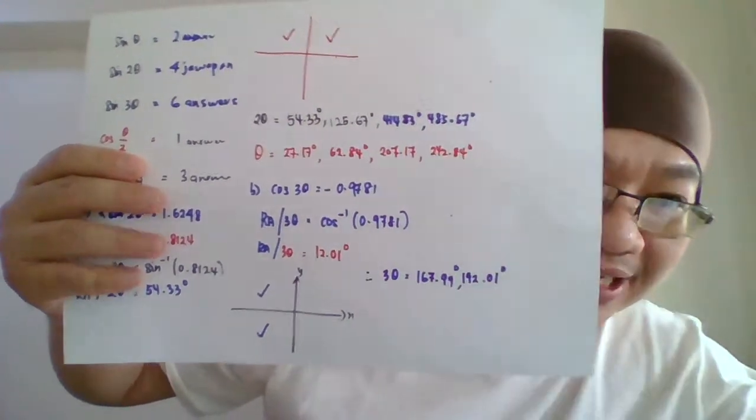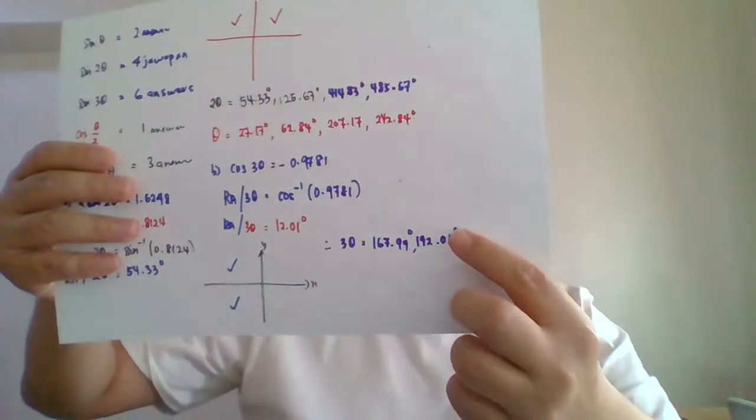So how to find the next answer? For the third and fourth answer, plus 360 with the first and second answer. Okay.